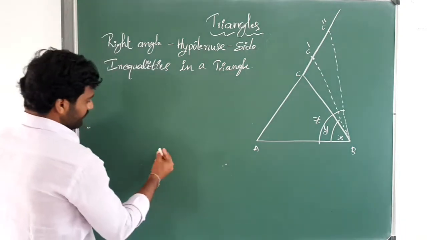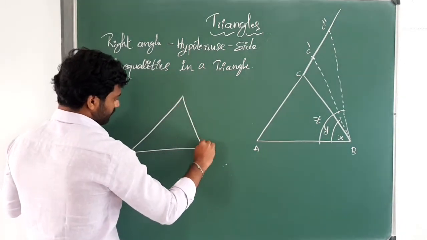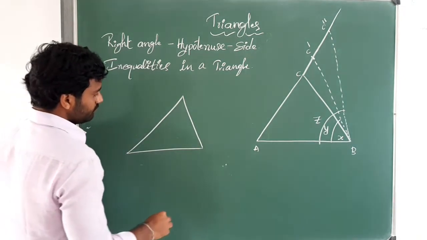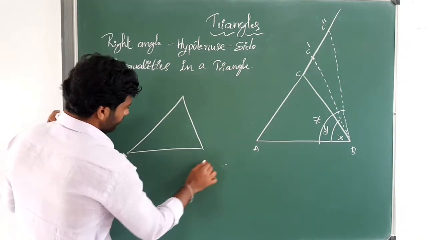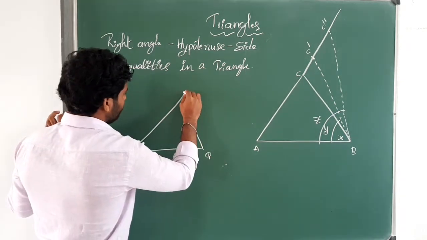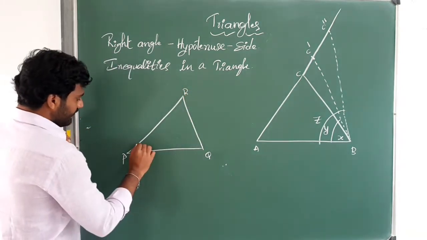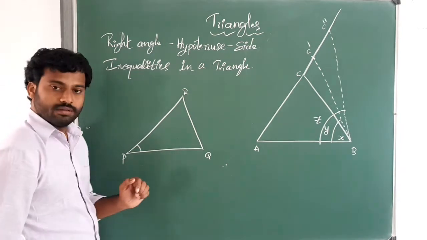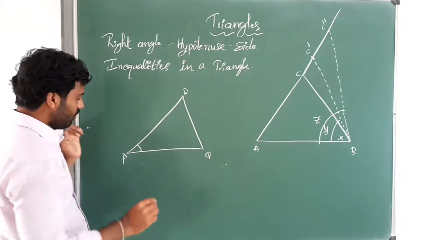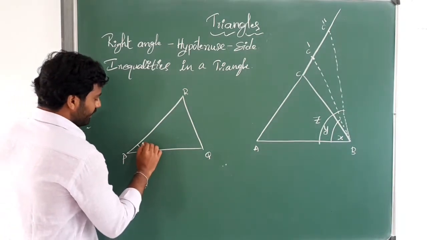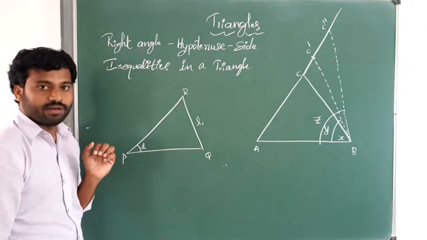We will see. Just take some base. Okay, this is not 90 degrees, some angle. Look at the angle here. This is the smallest angle, I hope. For some angle A, this is the length, L1.